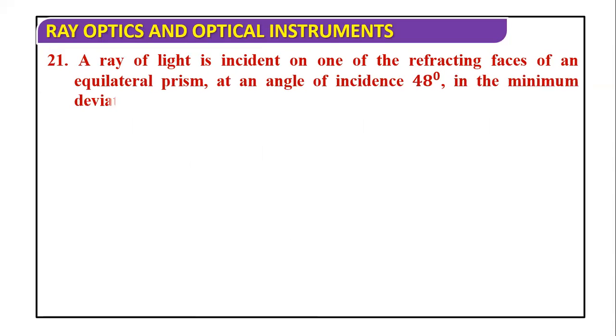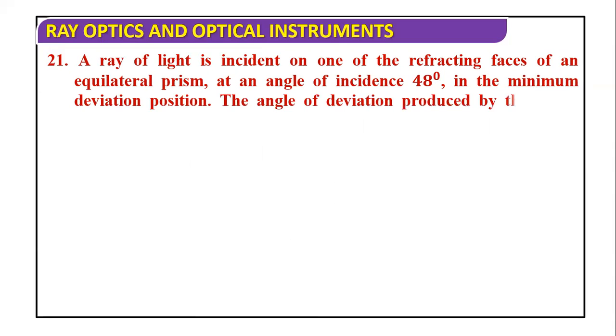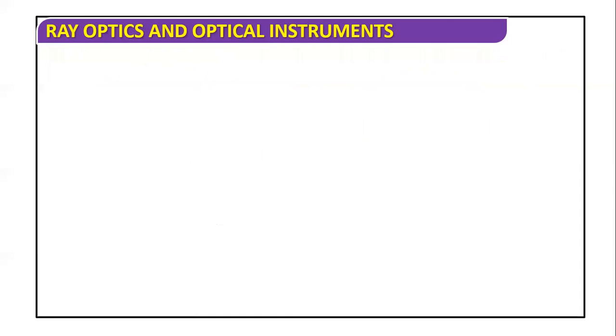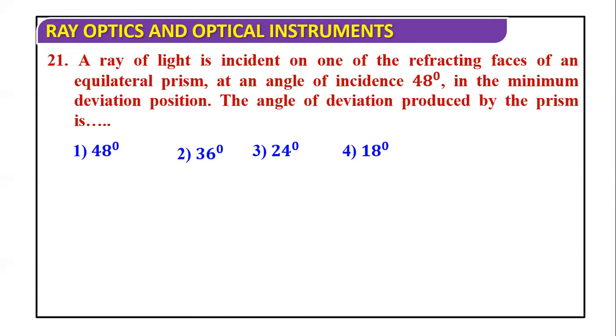A ray of light is incident on one of the refracting faces of an equilateral prism at an angle of incidence 48 degree. In the minimum deviation position, the angle of deviation produced by the prism is.